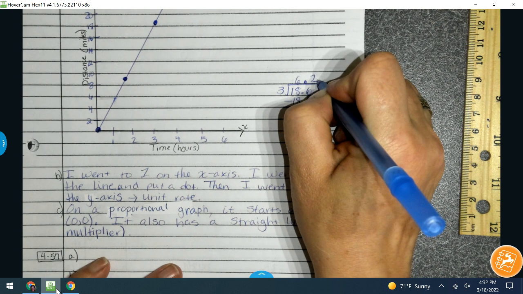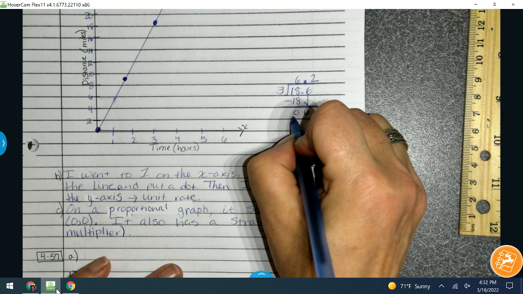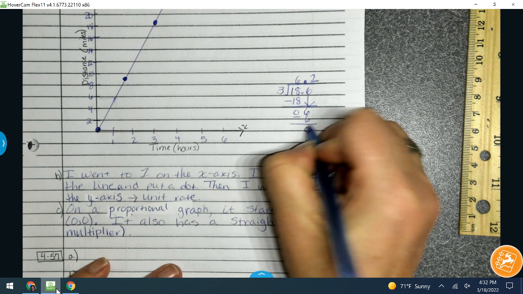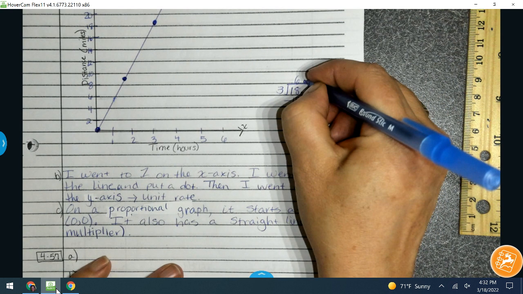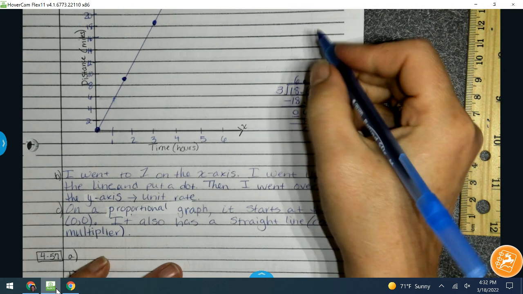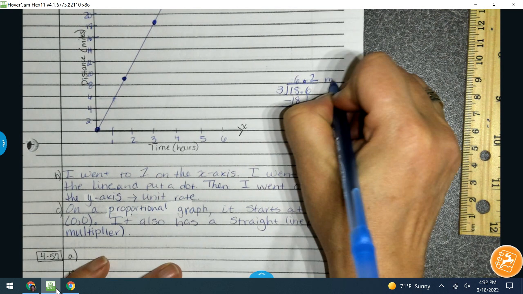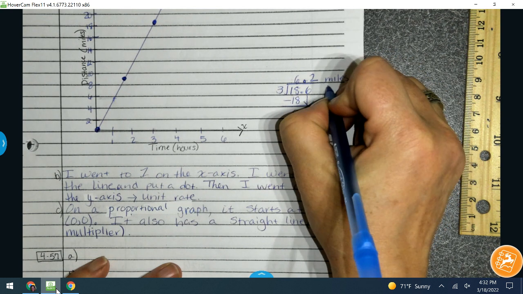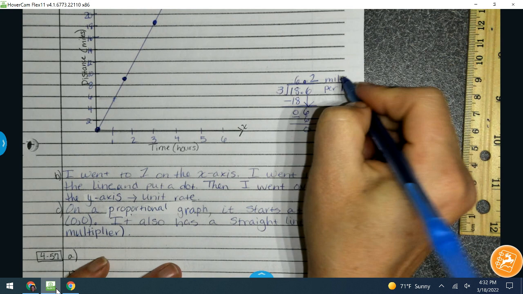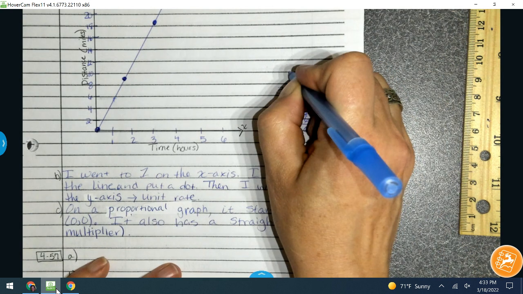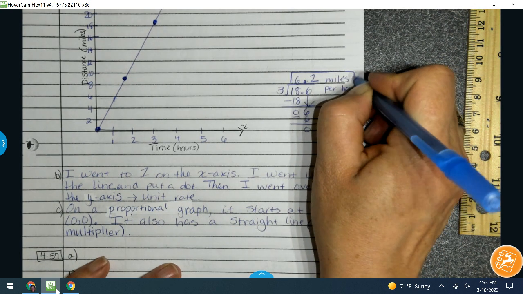That would be 2. 2 times 3 is 6 with 0 left over. So my real constant of proportionality, which I was close to, is 6.2 miles per hour. So for 1 hour. I'm going to go ahead and do that because you're going to need it later.